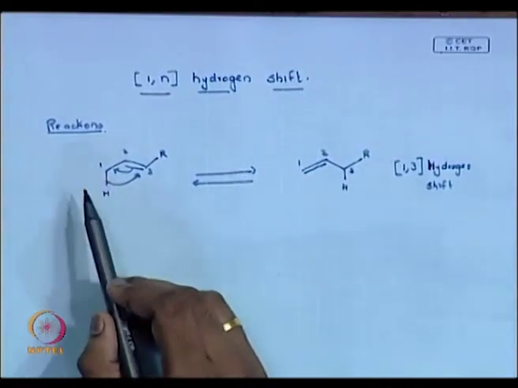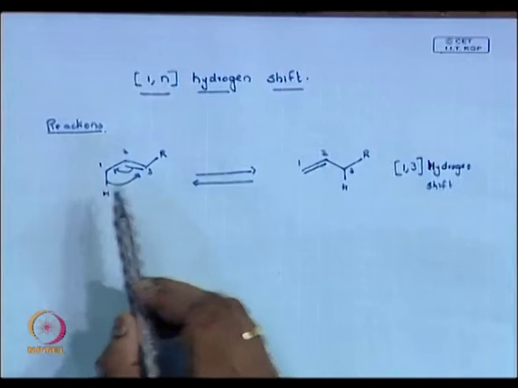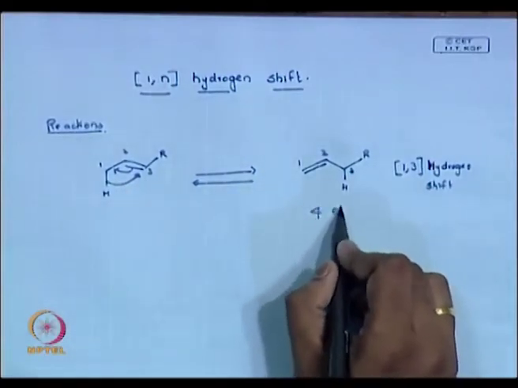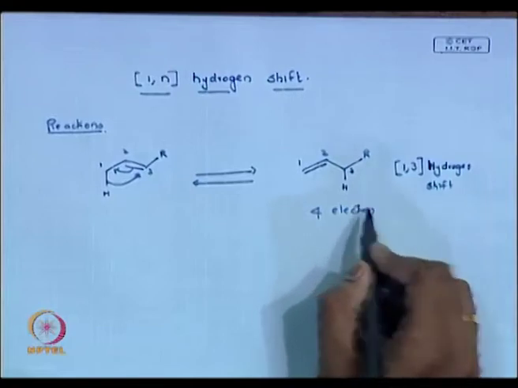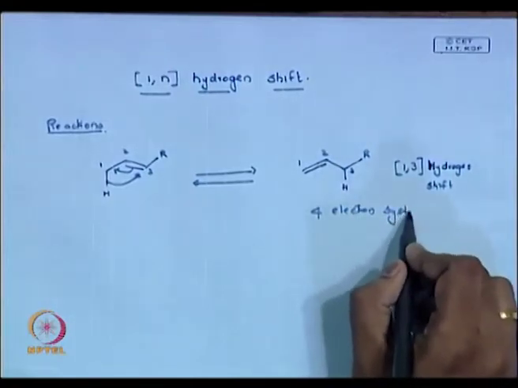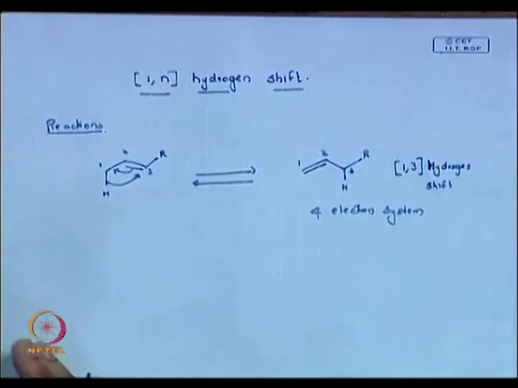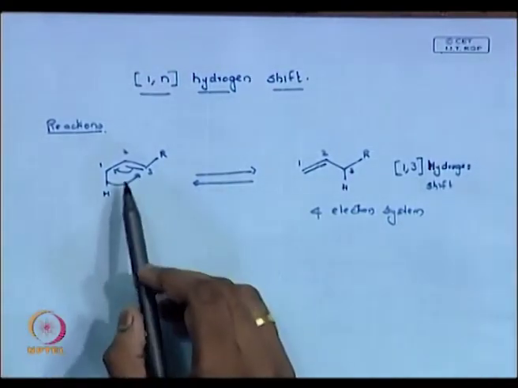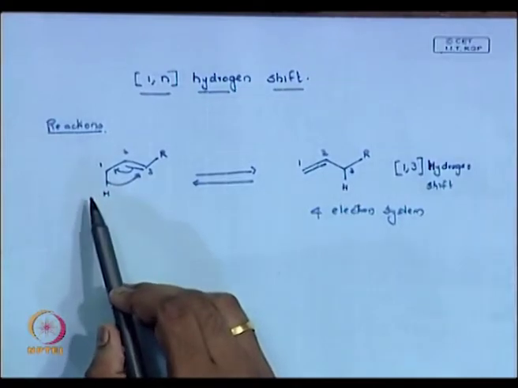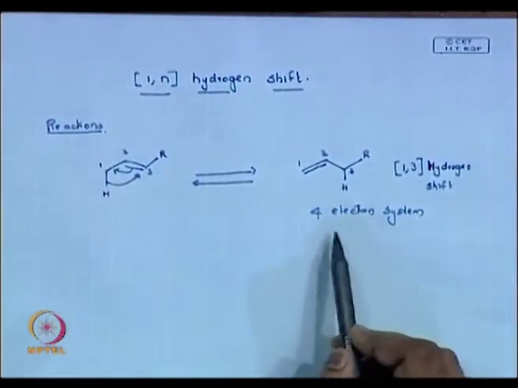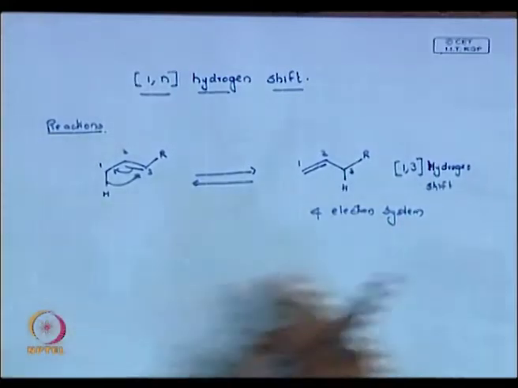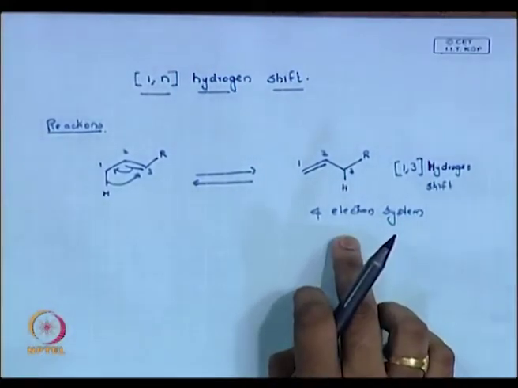So, basically this is a 4 electron system now, okay. Somewhere you get lost when you go from electrocyclic to this; there you just see the pi system. Here you have to see the pi system and your sigma system. So, when you apply your Woodward-Hoffmann rule, you apply it with these electrons.